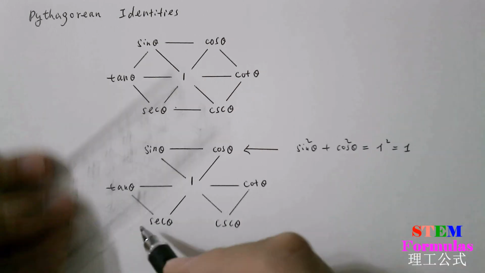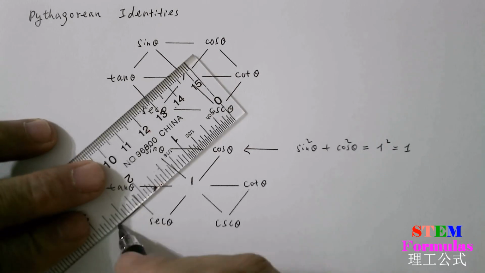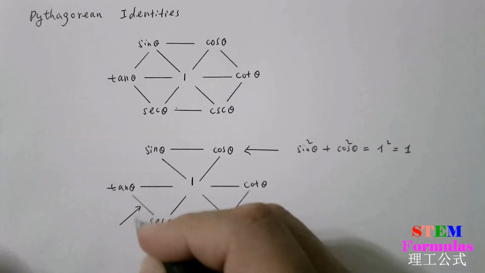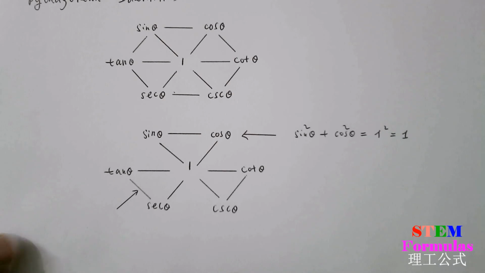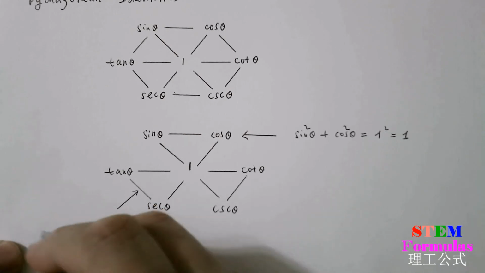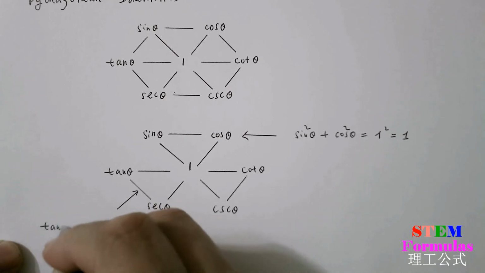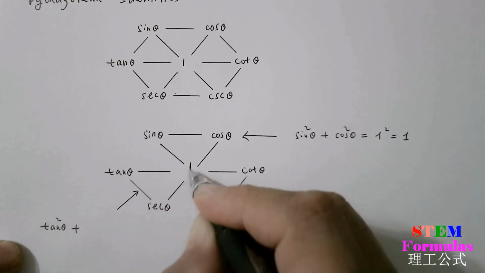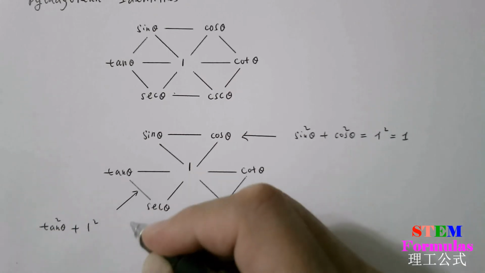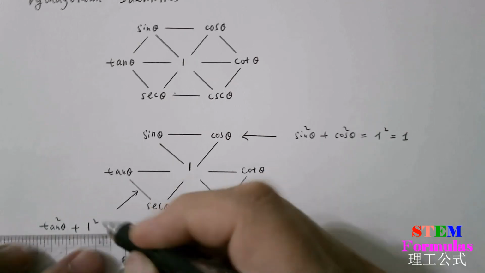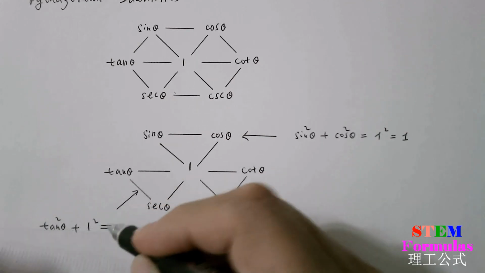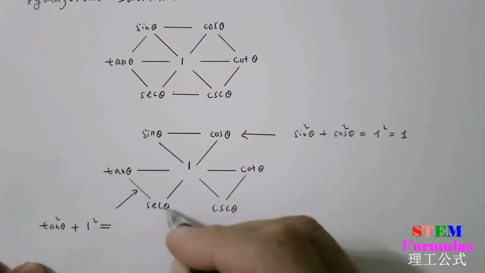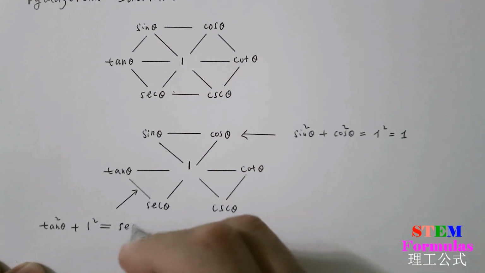And this inverse triangle, we have tangent theta squared plus 1 squared equal the bottom square, equal to secant squared.